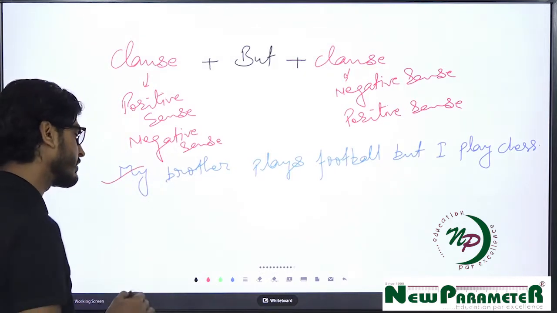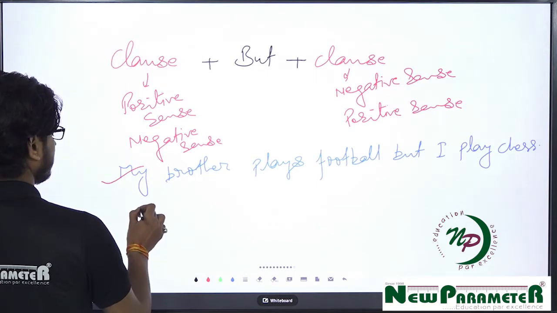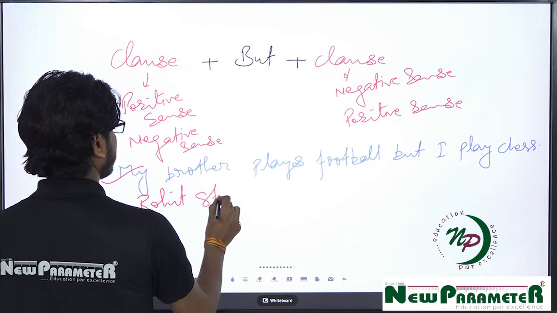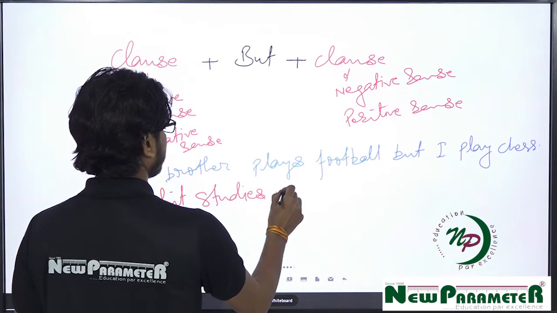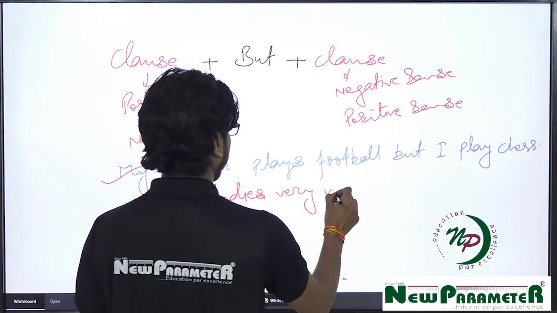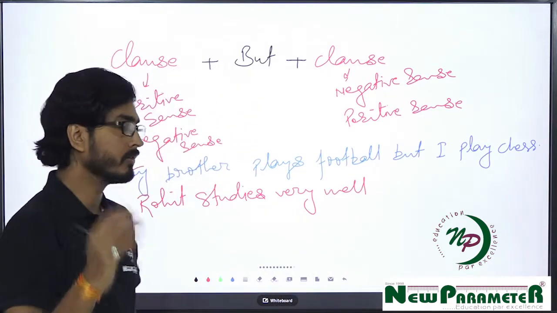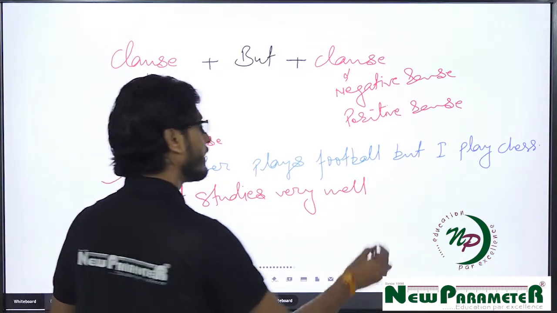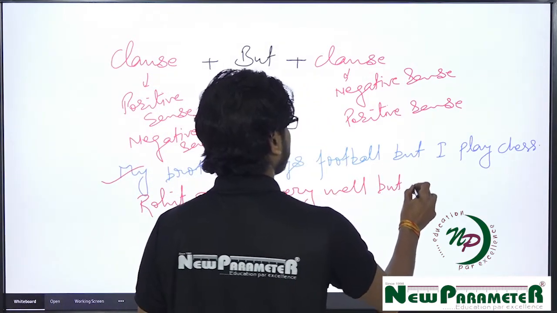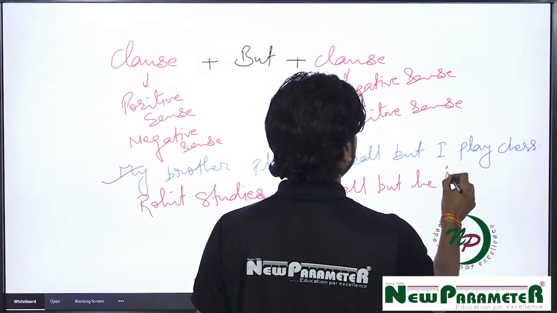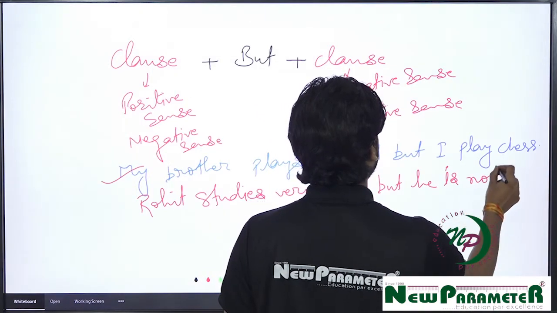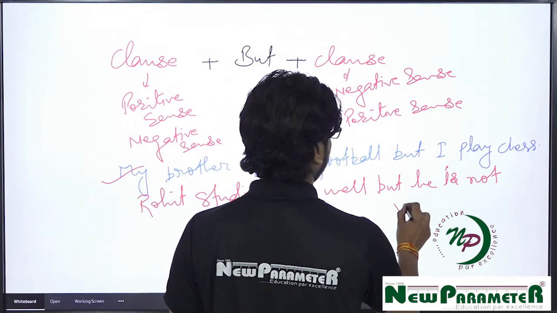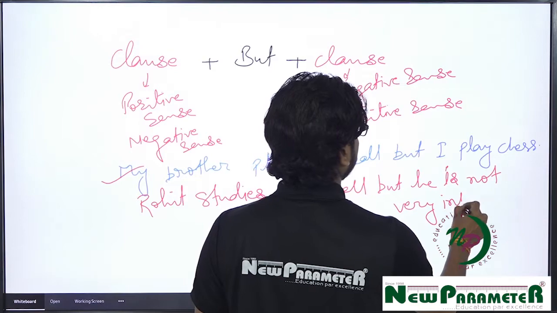So we can say this is perfectly a correct sentence. I am just giving you another example. Rohit studies very well. Now, according to you, this gives you a very positive sense. Rohit studies very well, but he is not very intelligent.